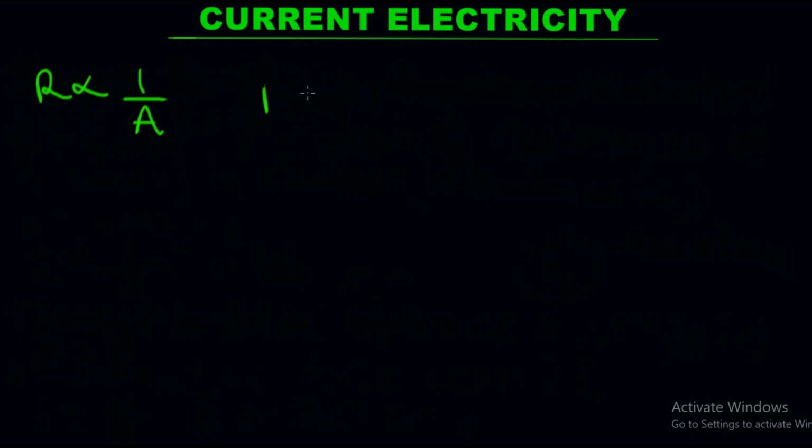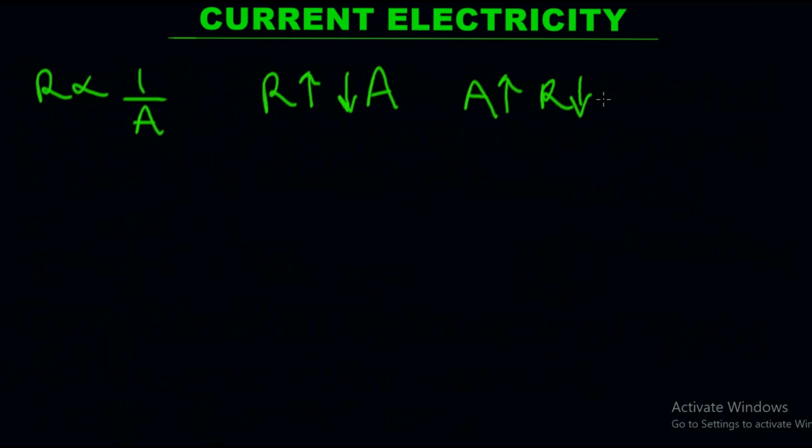Meaning that for us to have a higher resistance, we have to decrease the area. Or if we increase the area, we get a lower resistance in that conductor. Do you get it now? So yes, let's proceed.